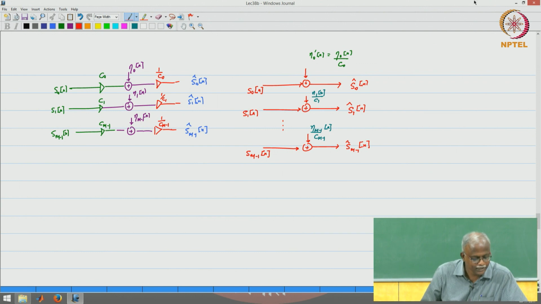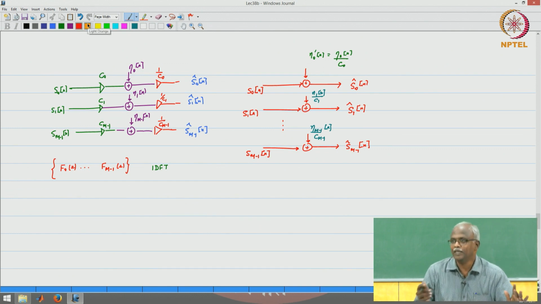So the summary is that at the transmitter, we have to do the modulation, and that will happen through the filter bank that does the TDM to FDM conversion. So basically we must have this set of filters at the transmitter, F0 of Z to Fm minus 1 of Z. There are m filters, and what we have done is we have taken it to be the IDFT matrix. Okay, if you were to describe it in a mathematical term, it's an m cross m transform, but if you were to give it the filter bank interpretation, this is what?